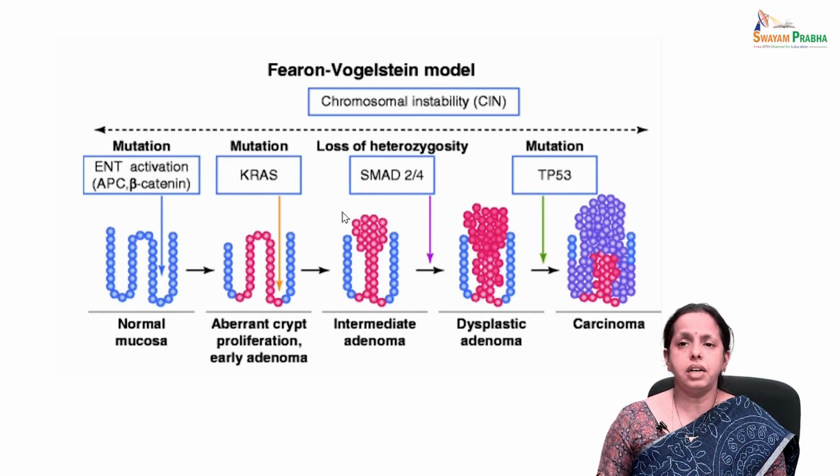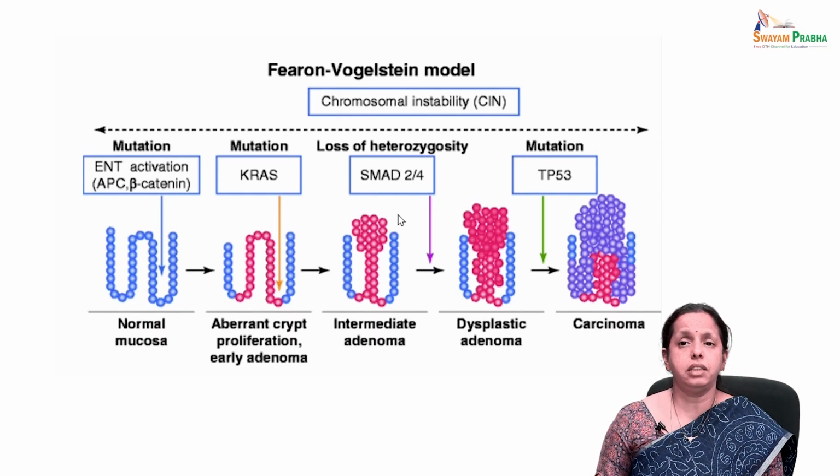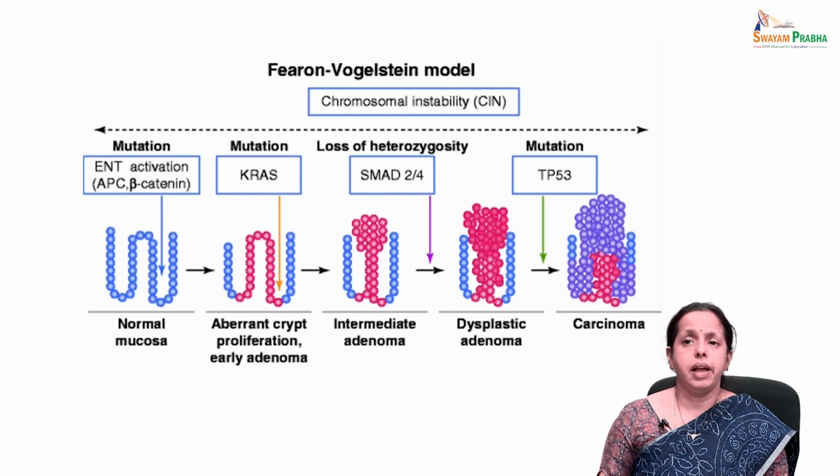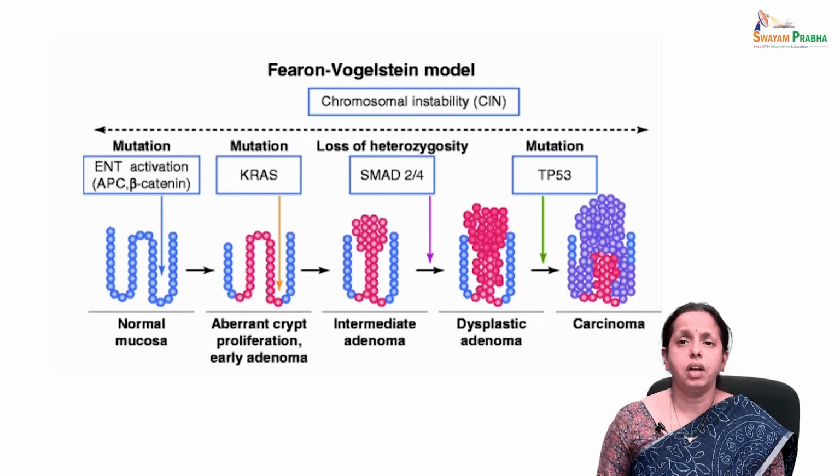Larger adenomas and early carcinomas acquire mutations in your GTPases, like slowly here you have the KRAS, followed by the loss of chromosome 18q with your SMAD4. Sometimes even a mutation in BRAF, which is common in MSI-high colorectal cancer, is also likely to occur in place of your KRAS mutations.